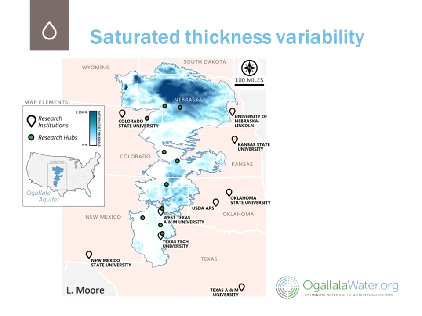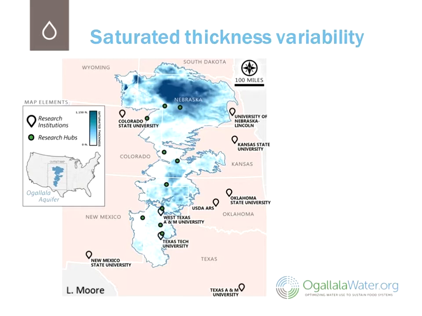The green spots are our hub research centers and institutions, and the goal was to have our activities spread across this diversity from north to south, where we have much greater saturated thickness up in the Nebraska area and much lower towards the central southern plains of the aquifer region.